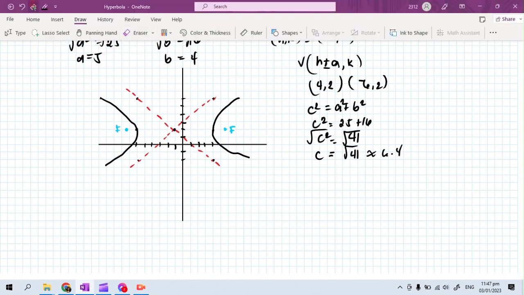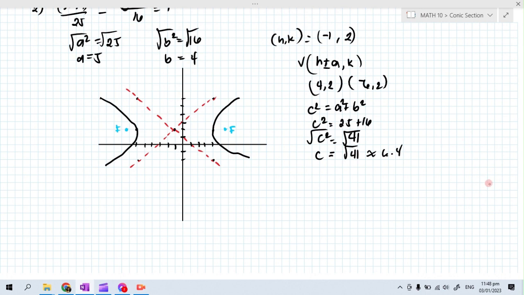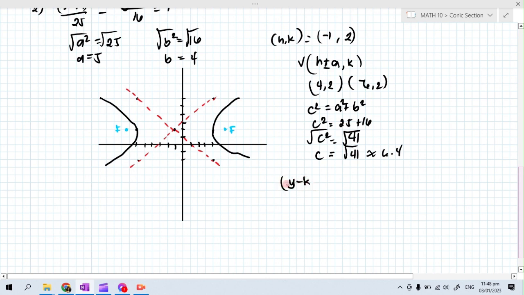Lastly, we need to find the equation for our asymptote. Since our graph is opening to the left and to the right, we will be using the equation y minus k, not squared, is equals to plus minus b over a times x minus h.